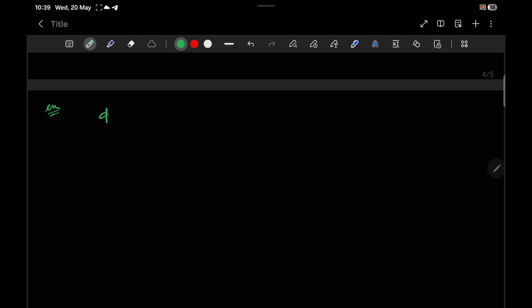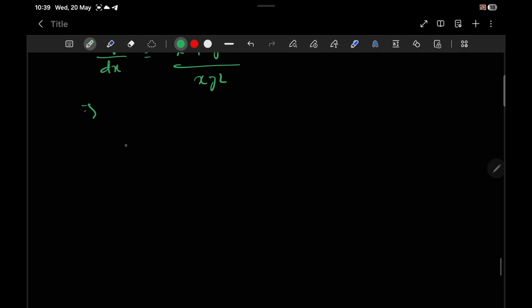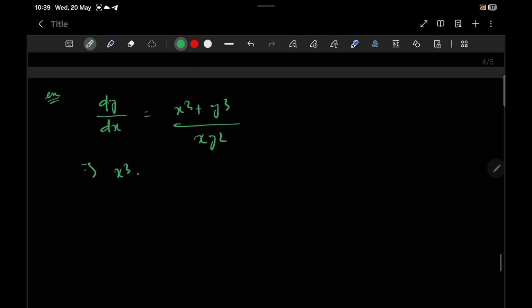that is dy/dx is equal to (x^3 + y^3) divided by xy^2. So it becomes (x^3 + y^3) dx plus xy^2 dy is equal to 0.